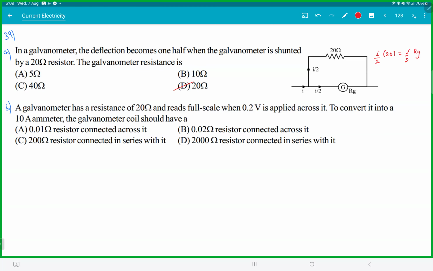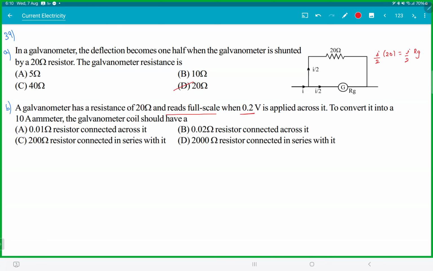What about B? Let's see. Try, I'll give you a minute, everyone. The galvanometer has 20 ohm resistance and reads full scale of 0.2. The meaning of this is when the current is maximum in the galvanometer, it will show 0.2 volts.